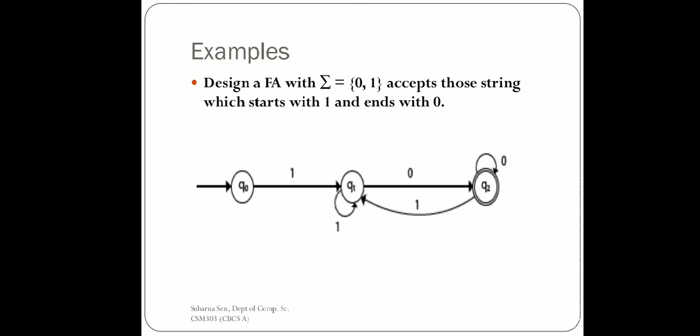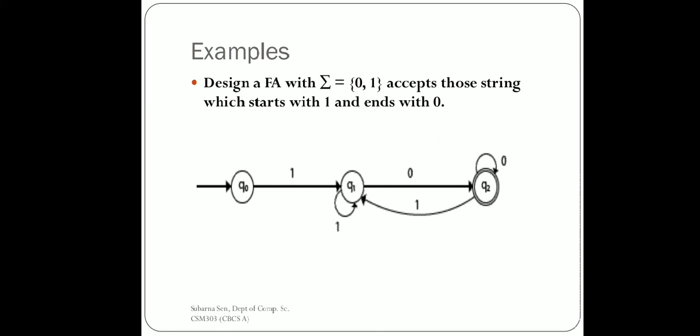One more thing here: you can see there is no transition marked for Q0 having input 0. So here a concept of dead state comes in. You can incorporate one new state, let us say Q3, and transit from Q0 to Q3 with 0 input, and there will be no chance for Q3 to move anywhere else. That is the dead state.